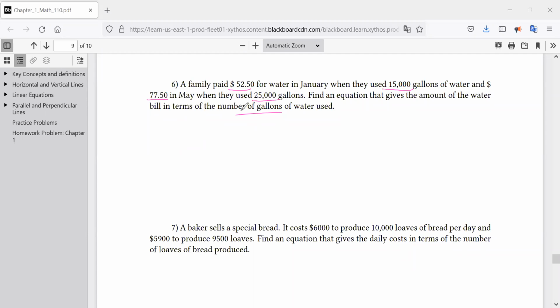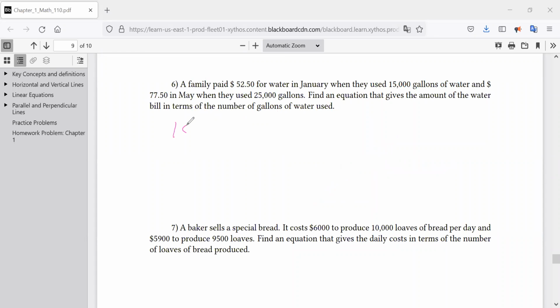I think we want to use it as our X, right? Because as we change the number of gallons, normally we think of ranging over the X, and that gives me a new Y value. We want to range over our gallons and have that spit out how much we're going to get charged. So think of our bill based on how much we use.